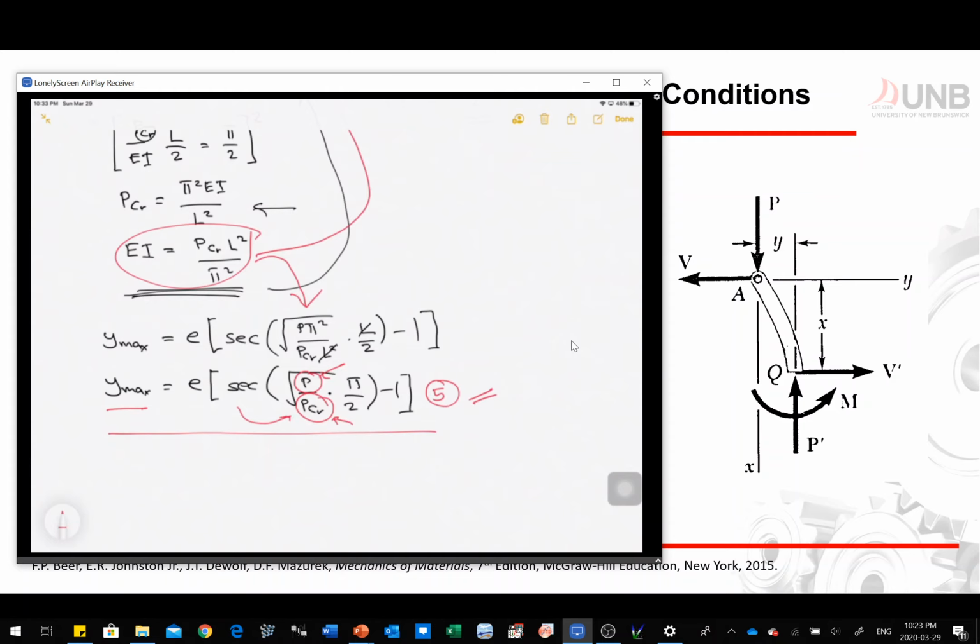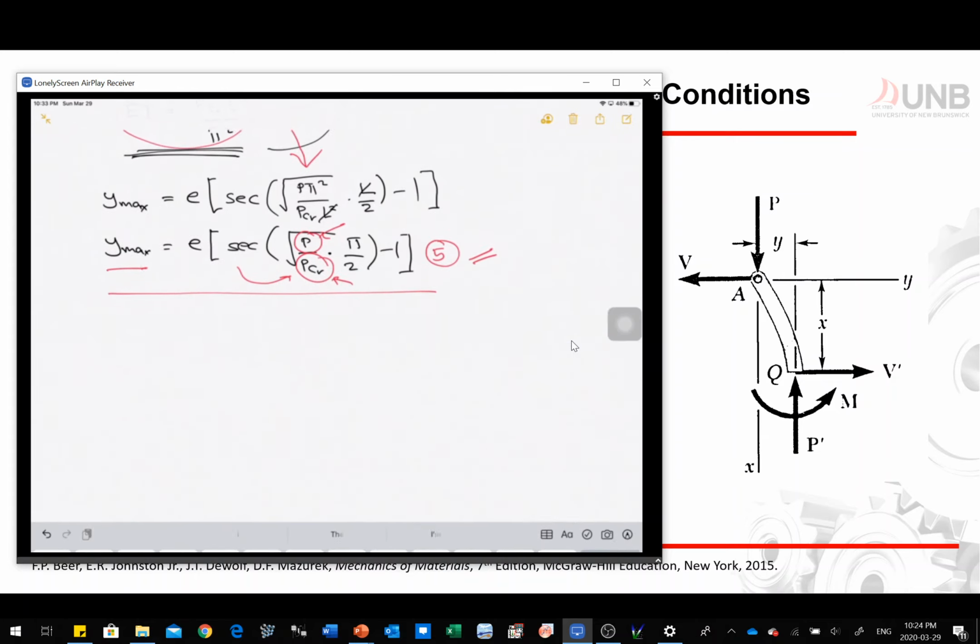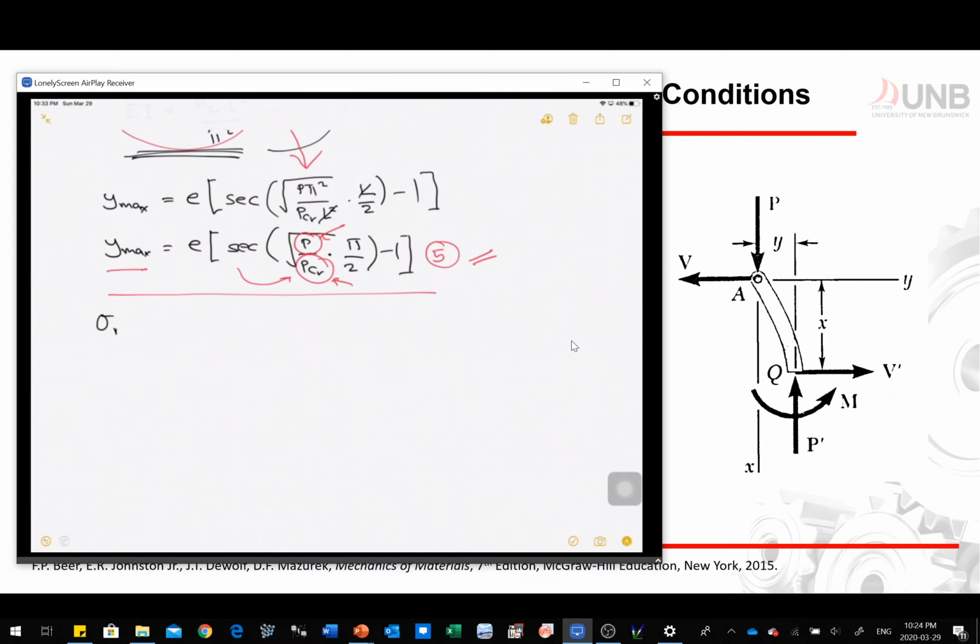How about our stress? Now, your sigma max is equal to P over A. What do we mean by P over A? If we're going to draw our eccentric load right here, initially we have this, right?